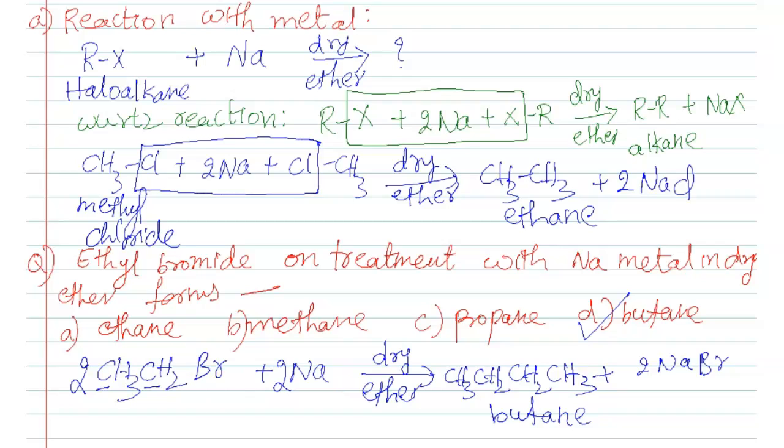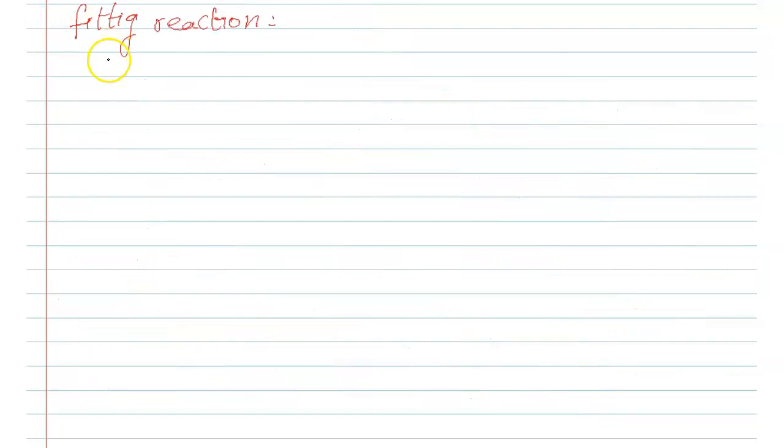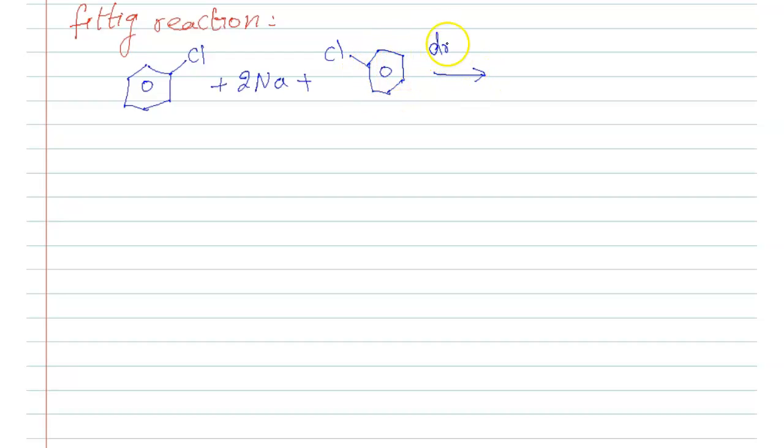So this is the Wurtz reaction, students. Wurtz reaction means with alkyl halides. Fittig reaction means with aryl halides. See this, chlorobenzene with 2 moles of sodium, again chlorobenzene. It is just like the Wurtz reaction, but we are taking aromatic compounds.